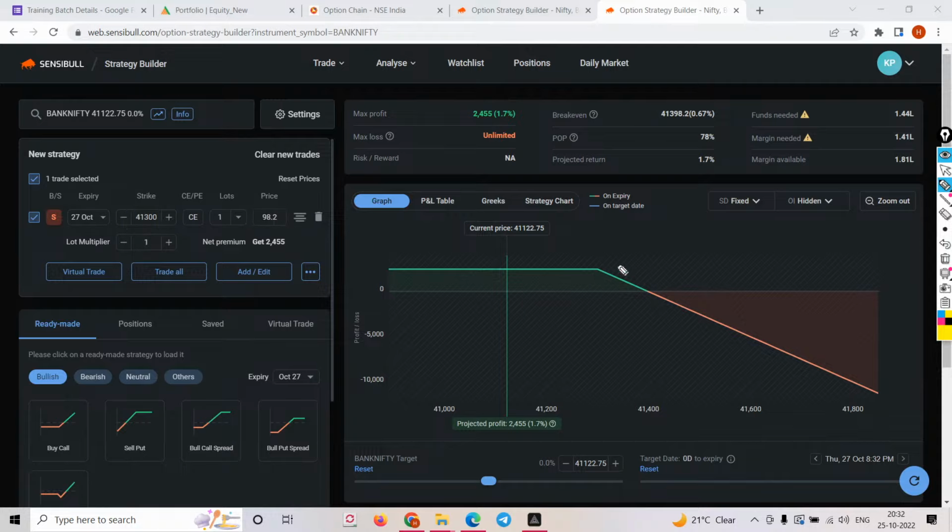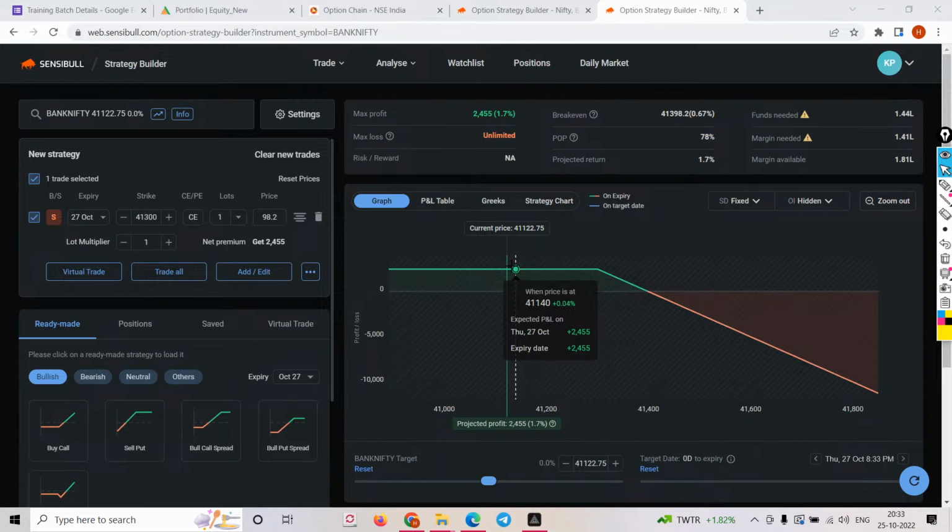Okay, so though your break even, your sold position, is 41,300, you have an extra cushion. That's the edge the option seller will get. If the market goes below 41,300, he'll get his full profit. Even if the market stays as it is, he'll get his full profit. Even if the market goes up till your break even, he'll get full profit.